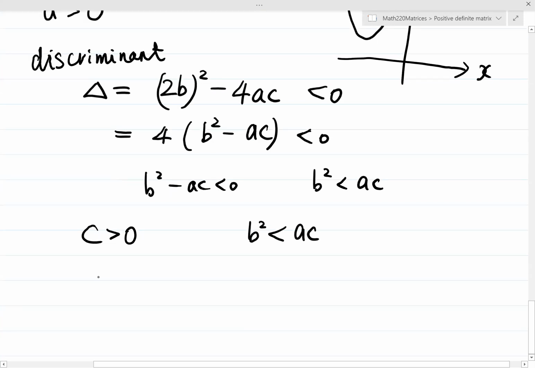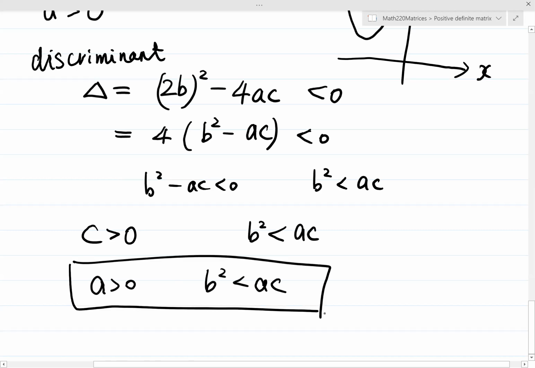We can only use these conditions: a greater than 0, b squared less than ac. So this already tells us that c is greater than 0. These two conditions already guarantee c is greater than 0. So a 2 by 2 matrix is positive definite if and only if this condition holds.